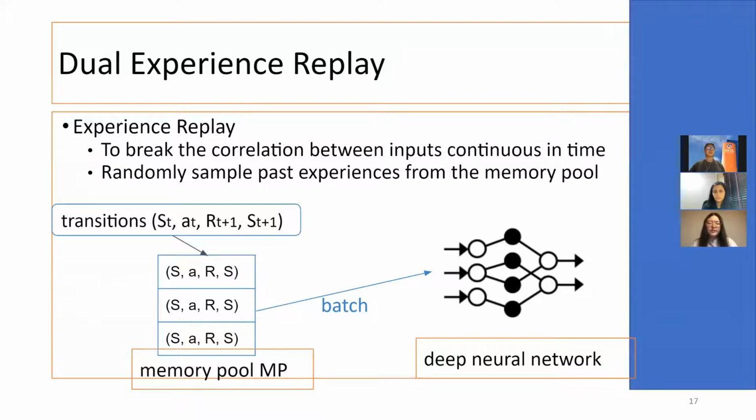This randomly sampled batch will be fed into the deep neural network in order to update the weights and also the bias. Based on this, the authors developed dual experience replay, which adds priority to the memory pool.